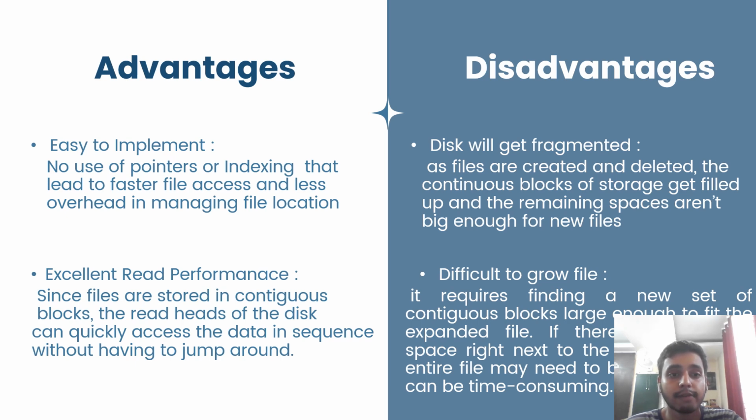So if we have to change anything in the first file, it will require some more space. That will not be possible, as there will no longer be space available for the first file, as the next file is allocated right next to the first file, and no block will be left for the first file to grow.